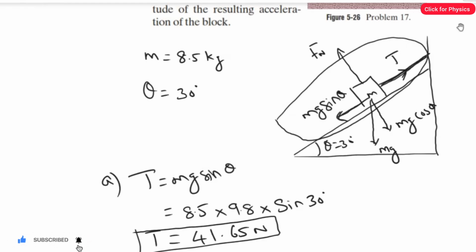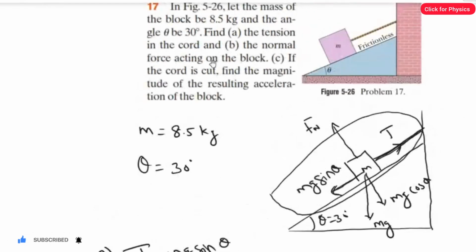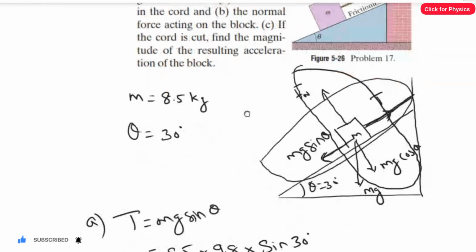In the B part, what they asked is to find the normal force acting on the block. That means the upward force is equal to the downward force. That means you have to see here my Fn is exactly equal to mg cosine theta. So I have to use this equation for finding the normal force.